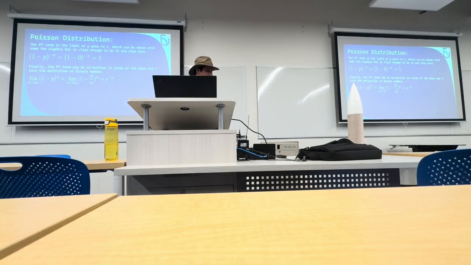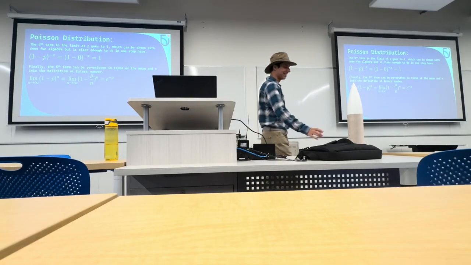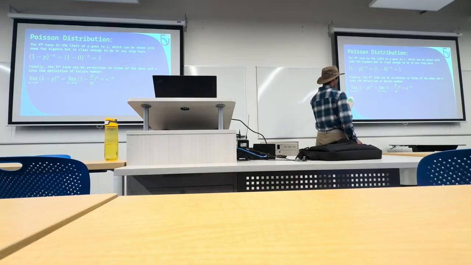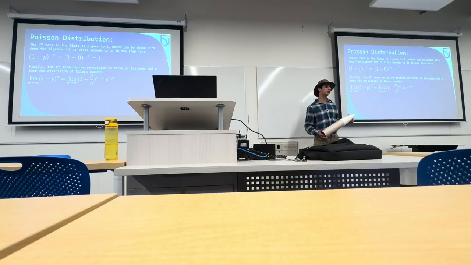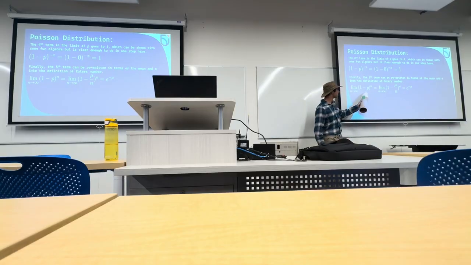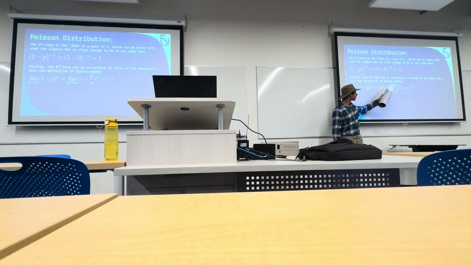And the fifth term is fun, because we have 1 minus p to the n, 1 minus 0 to the power of infinity. Have any of you done the Euler's number proof? No, okay. So this we can rewrite as the limit of 1 minus mu over n.